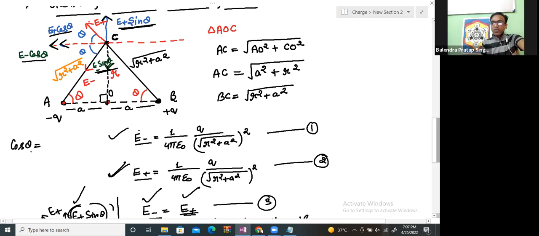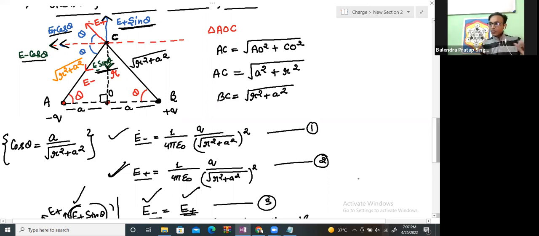That is equal to base, AO, divided by the hypotenuse. The hypotenuse is under root a square plus r square. So cos theta is equal to a divided by under root r square plus a square. This is the value of cos theta. Note it down.